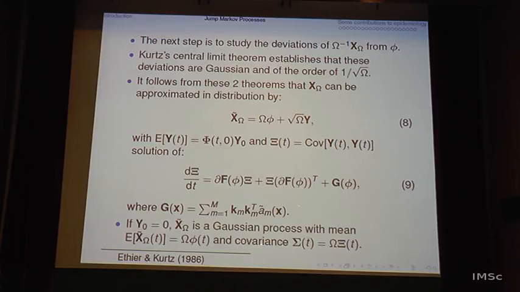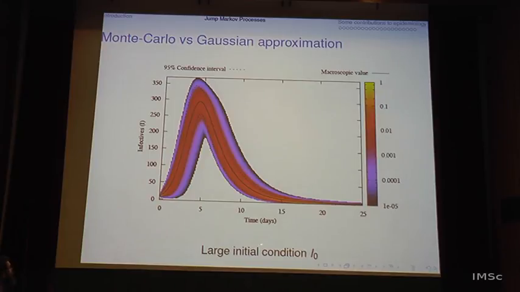The idea is that with a few deterministic equations, you can write how this Gaussian process is going to evolve. So you don't have to simulate the stochastic process anymore. You simulate a few equations that drive the mean and the variance of your Gaussian approximation.